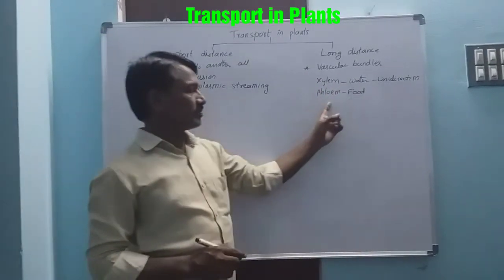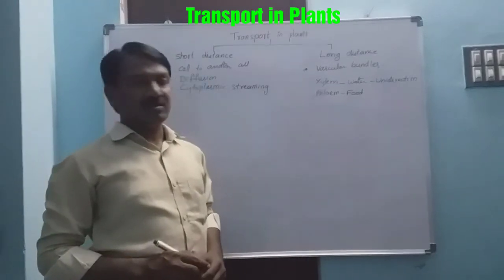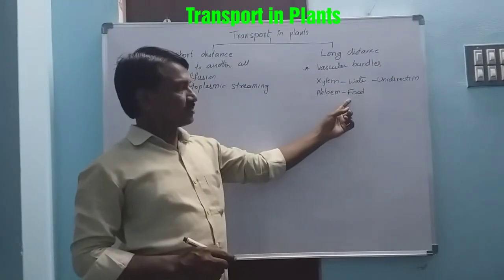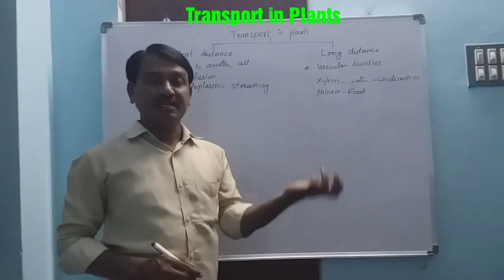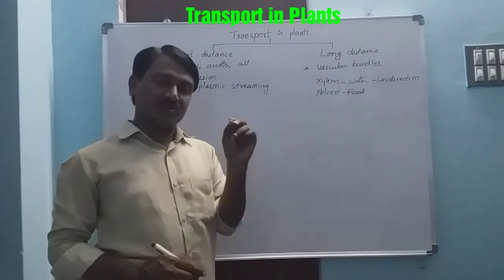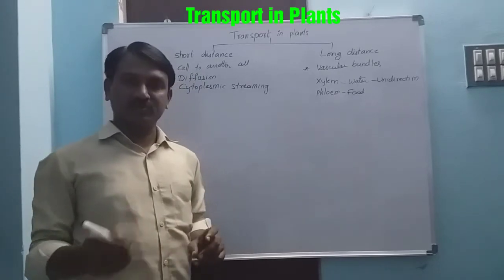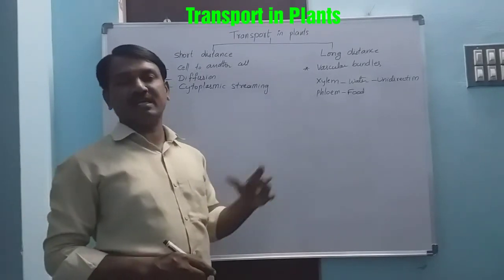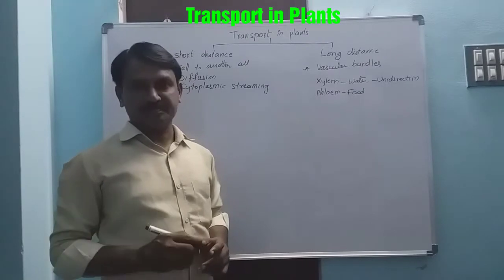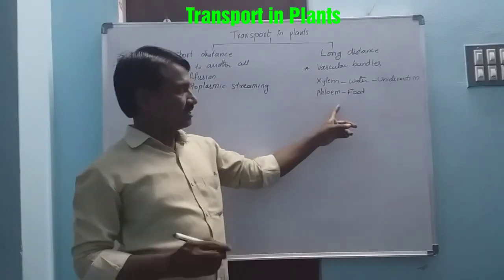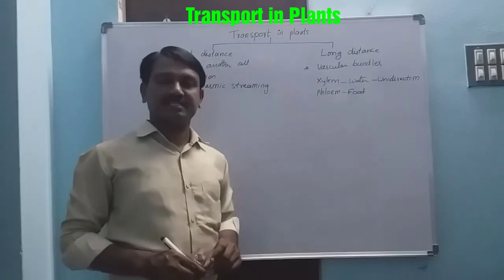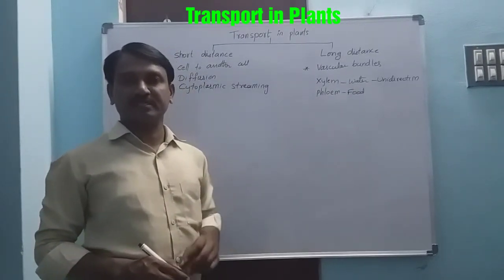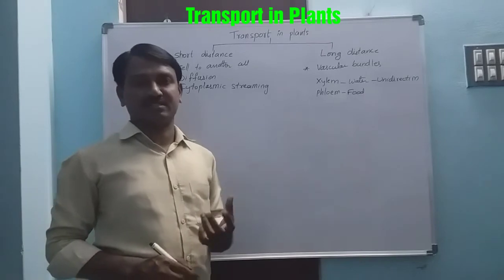But in phloem, food conduction occurs. Food is prepared in leaves. That prepared food material is transported to storage organs, which may be roots, fruits or other plant parts. Finally, that stored food material is retransported to utilizing organs.